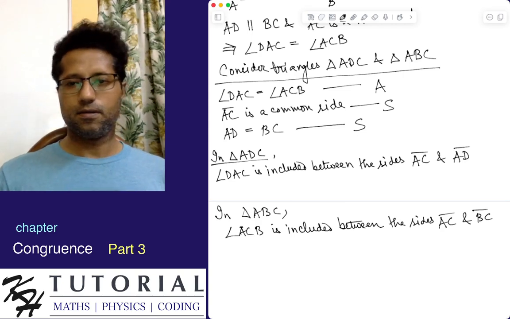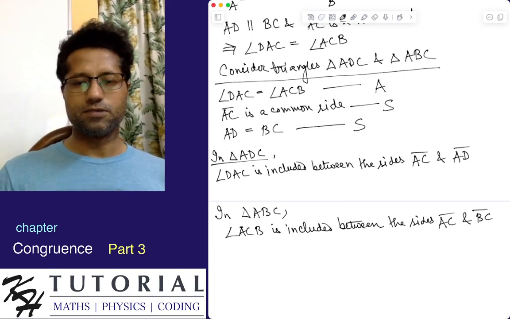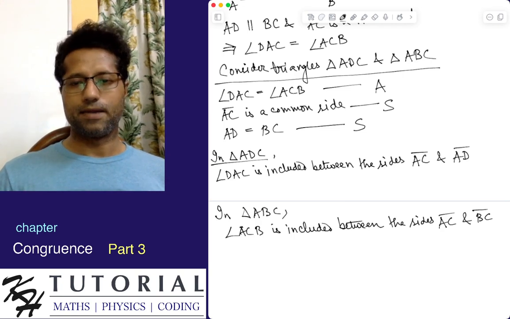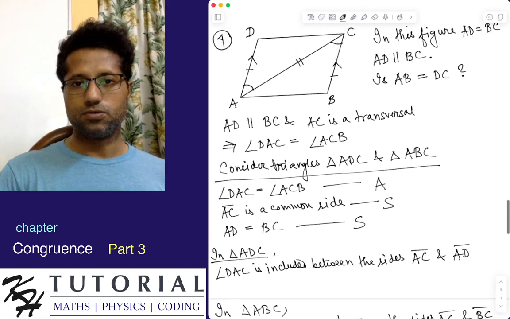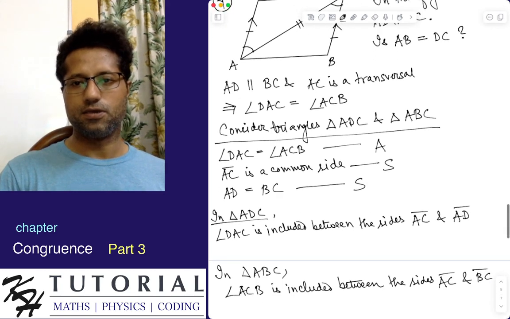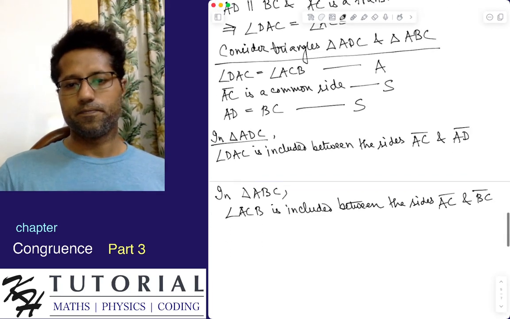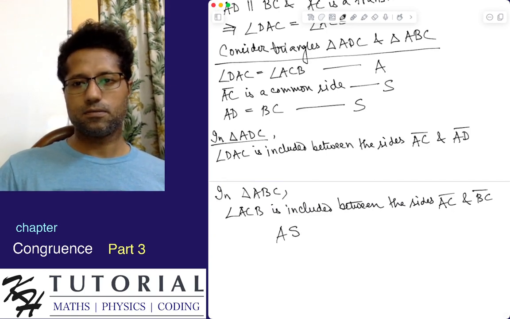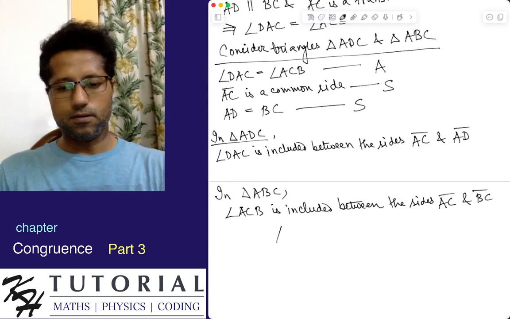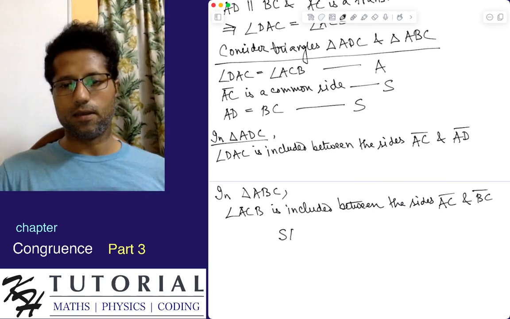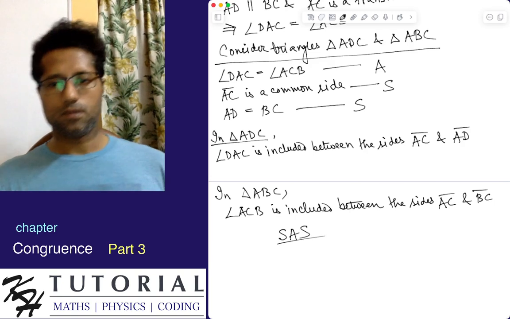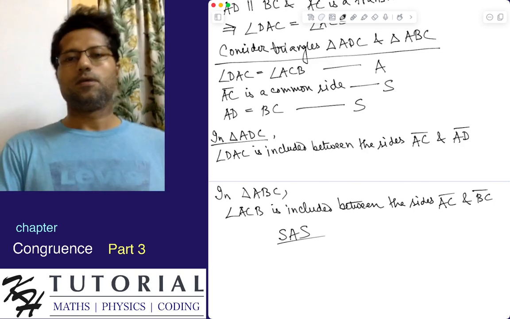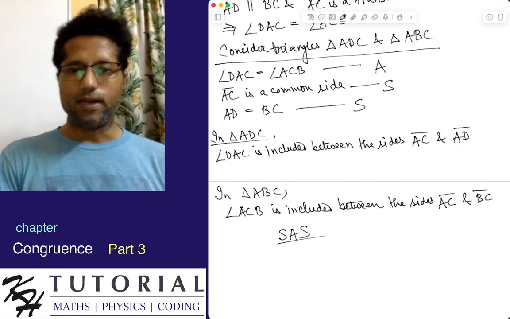So definitely the congruence criterion that can be applied for these two triangles is not angle side angle, but side angle side. Two sides and the included angle.